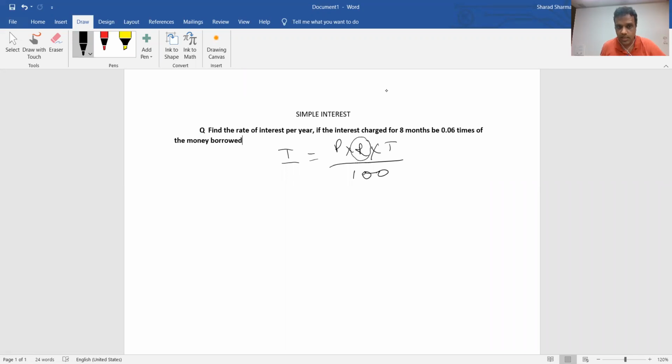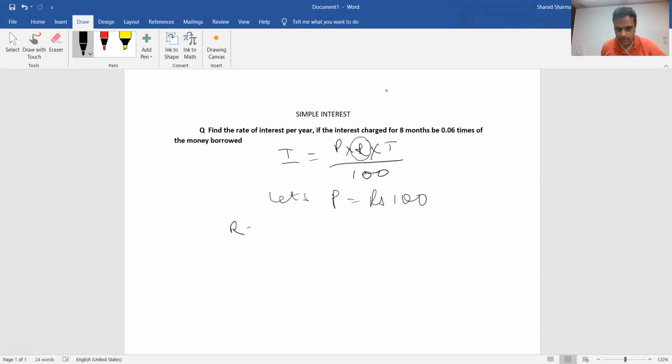The interesting part of the question is it doesn't talk about how much money is borrowed. So in such questions, let's quickly assume that the money borrowed, which is denoted by principal, is rupees 100. Right? Rupees 100. Now the second step should be, we should quickly write down what is given in the question.